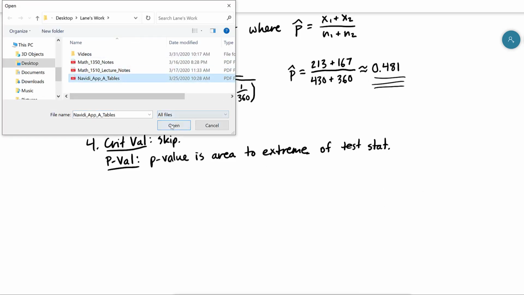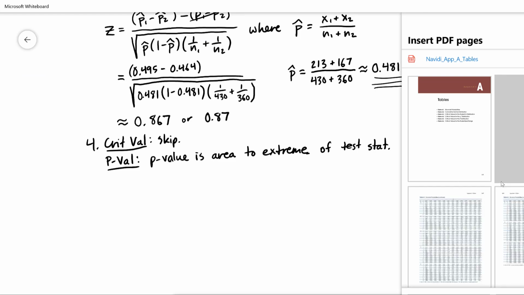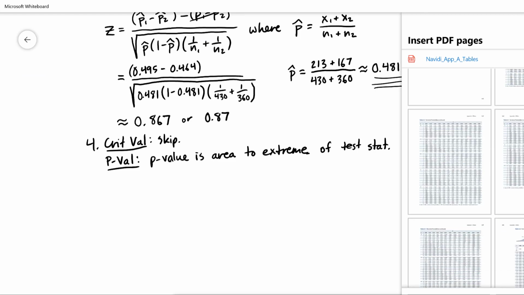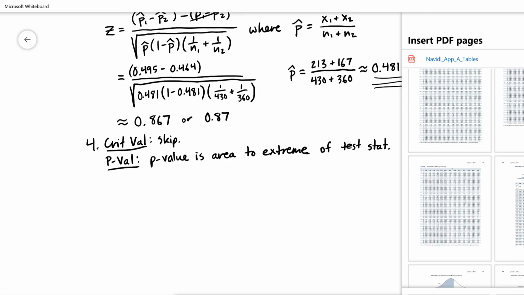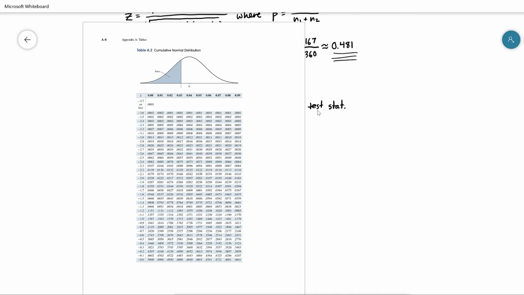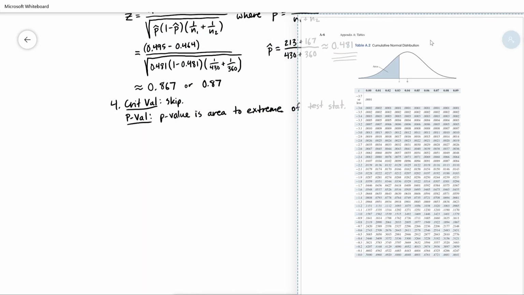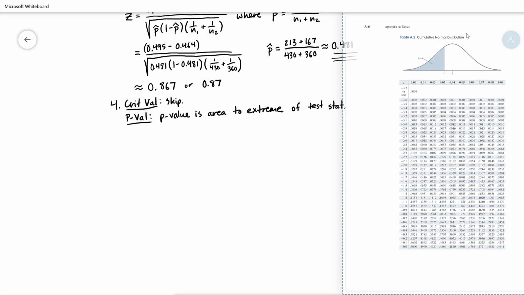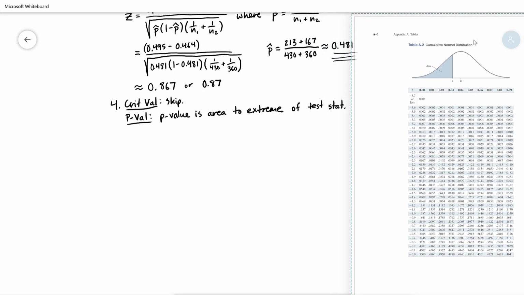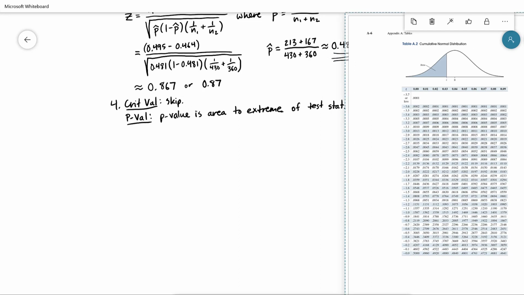So let's open up these tables again. So here is part of table A2. Again, I'm using this one to show. Let's move it over to the side. I think we can still see it on our screen.